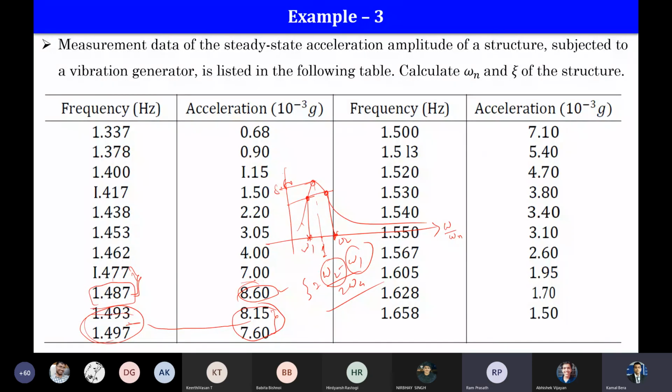Sir, for this question omega is not given. Zeta and omega are not given, so we have to calculate omega n and zeta from the given data.